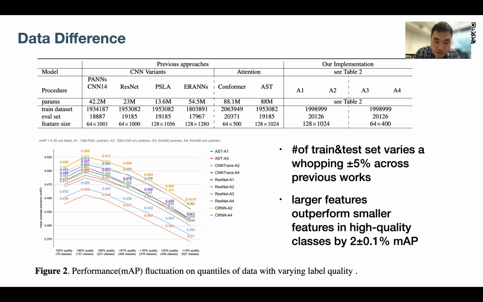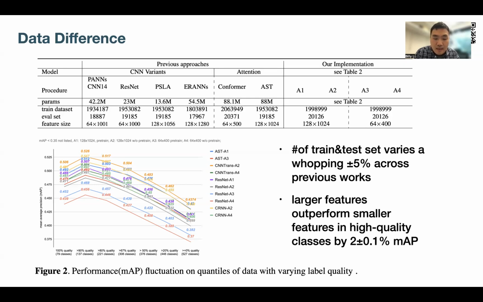Take a CRN model, for example. If we use the entire AudioSet test set as a benchmark versus using only the 90% quality quantile as a benchmark, the resulting difference is almost 10 points of MAP, which is significant.